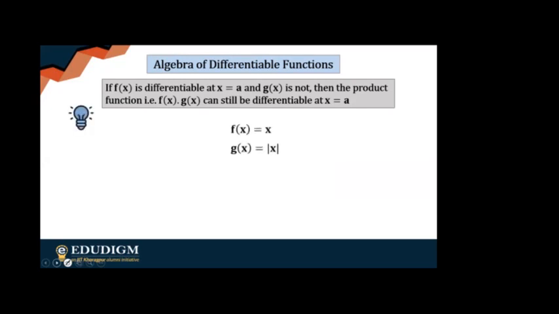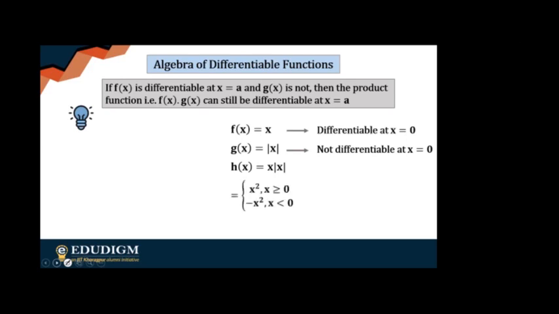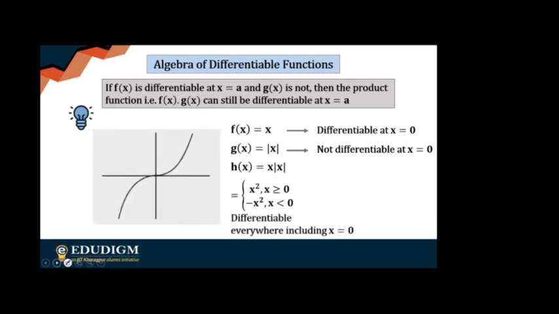So these are the two possible functions I have got, x and mod x. This is differentiable at x equals 0. This is a classic example. We use it literally everywhere in differentiability. Not differentiable, I'm taking the product. Okay. So product is very, very simple. You know how mod x behaves. So if you take the product, you will see that this is differentiable everywhere, including x equals 0.